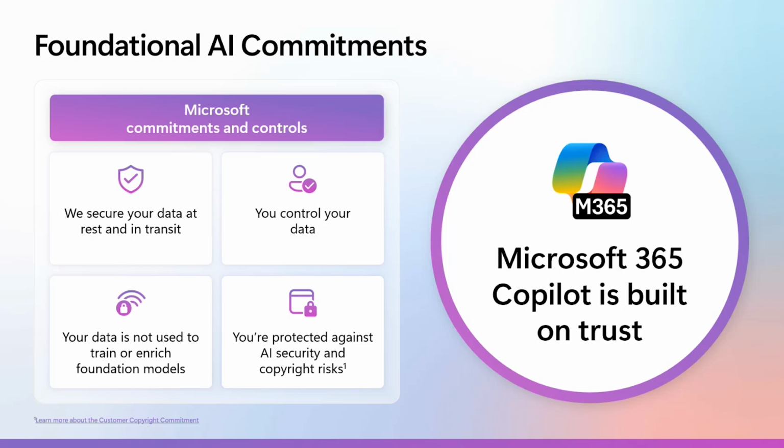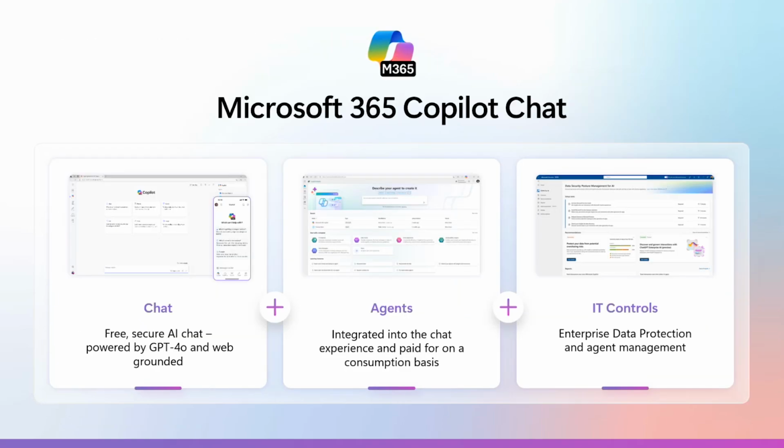Okay, so let's go now with Copilot 365 Chat, maybe just a quick overview about chat. As you know, it's using free, secure AI chat powered by GPT-4o, and web grounded. We have agents integrated into the chat, as you see here, and the experience is paid for on a consumption basis, especially with Copilot Studio.